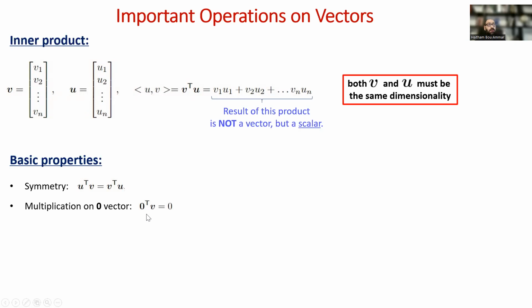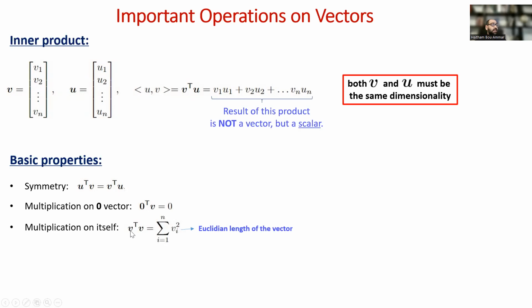If you do the inner product between any vector u and the zero vector, then you will get the scalar zero. Because if one of those vectors was made of zeros, then you will have 0 times u1 plus 0 times u2 plus 0 times u3, and so on, up to 0 times un. So then you'll get 0.